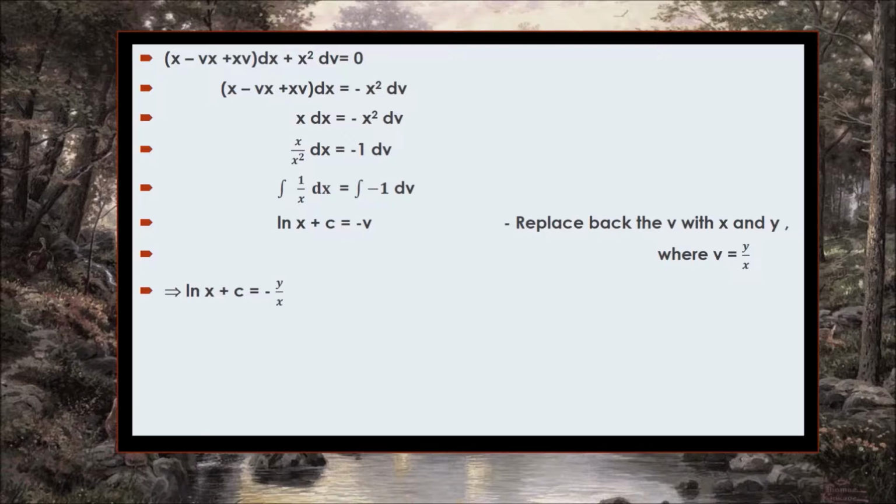Integrating both sides, we get ln x plus c equals negative v. Then replace v back with y over x. So your final answer for this question is ln x plus c equals negative y over x.